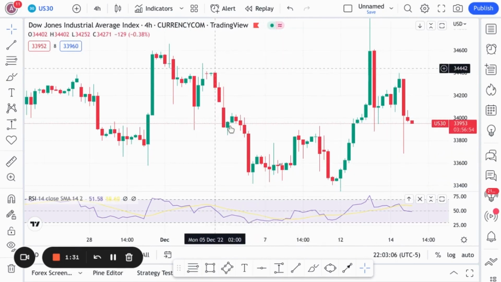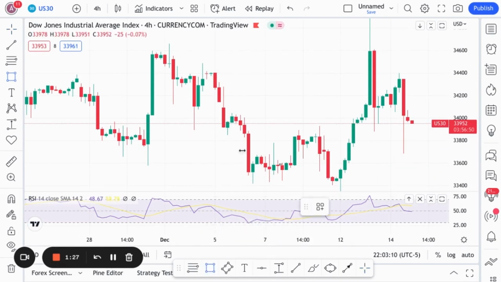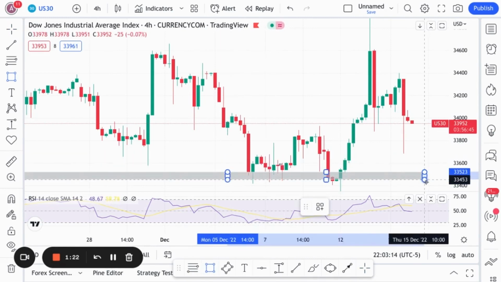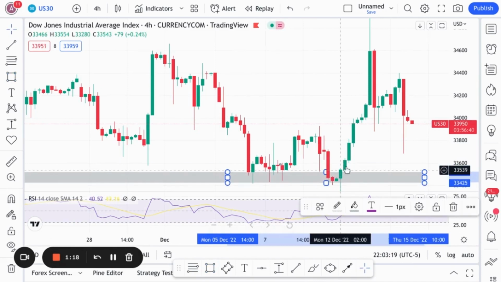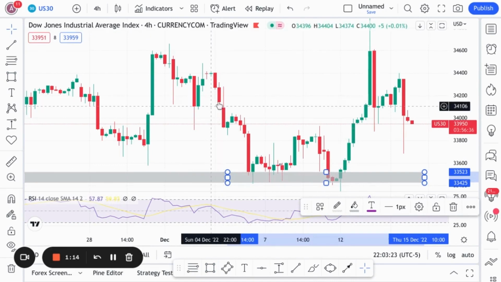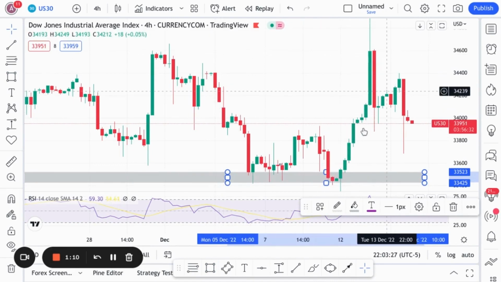So we had price come all the way down here. We had a support zone down here. We bounced a few times off of this support zone, and look what happened. Price came and filled this gap with the body of candles.